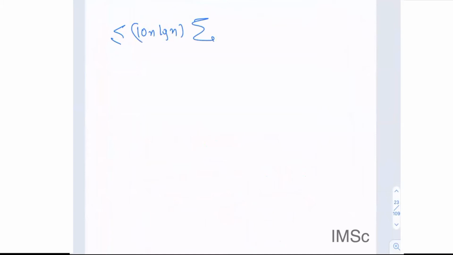Now what does this imply? The first term is less than or equal to 10 n log n times the summation over t less than or equal to 10 n log n of the probability Q equals t.